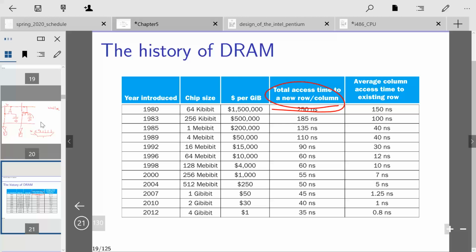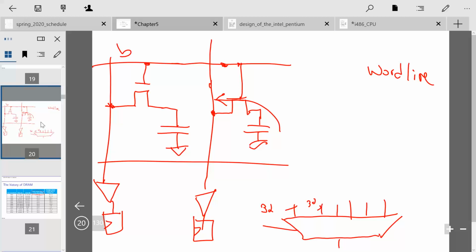That allows us to exploit spatial locality, because spatial locality says there's a good chance we're going to use data that's around the data being requested. That's where we get the bandwidth from. If you think about how DRAM is constructed, or even SRAM, you can see how that works.